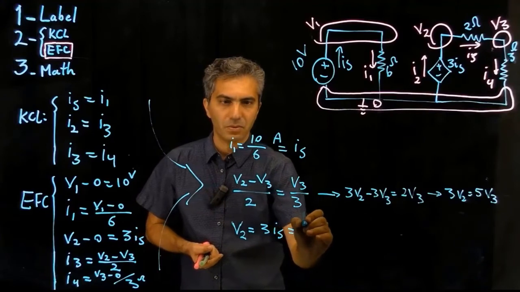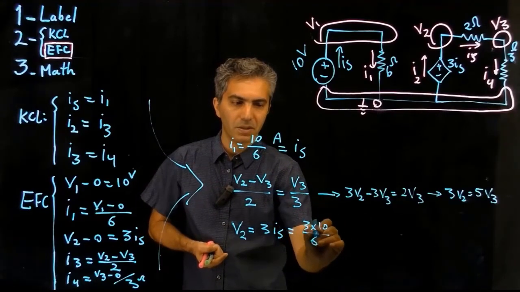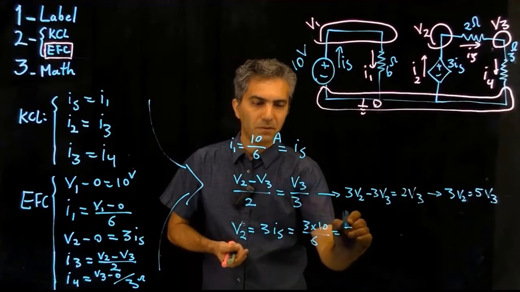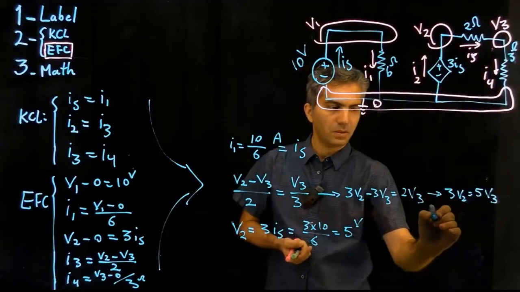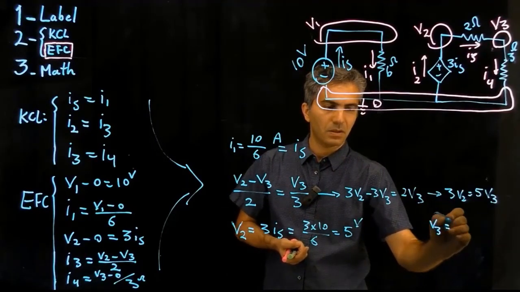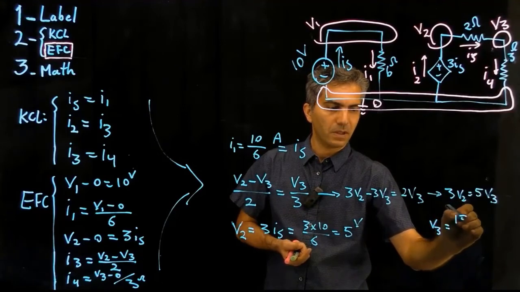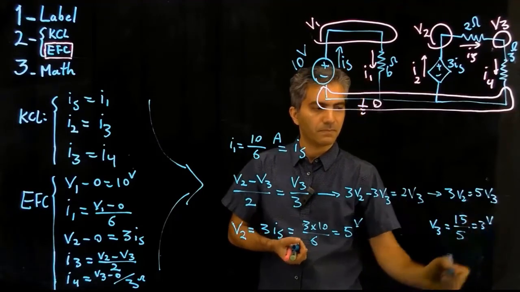It's equal to 3 times 10 divided by 6. That would be 5 volts. Put that back in here. V3 is 15 divided by 5, which is 3 volts.